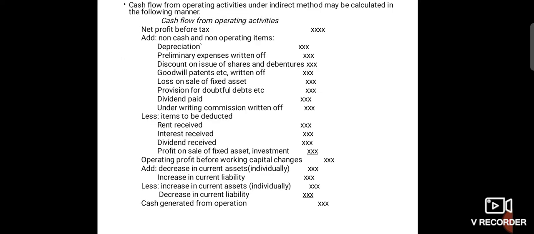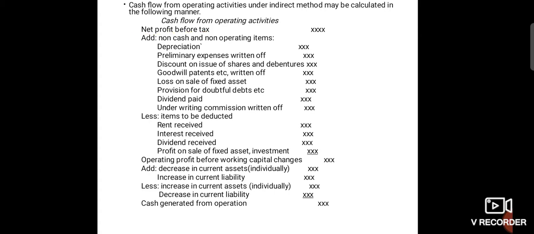Now let's see the format. Under both the direct method and the indirect method, we are calculating only cash flow from operating activities. Cash flow from operating activities under the indirect method will be in the following format. The first heading is cash flow from operating activities, then net profit before tax.